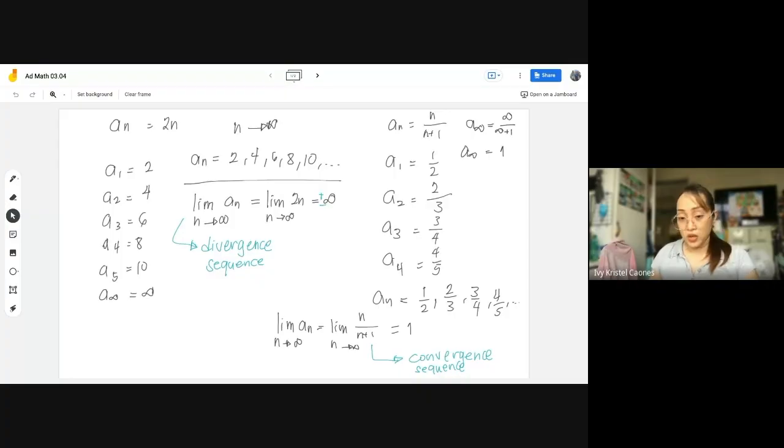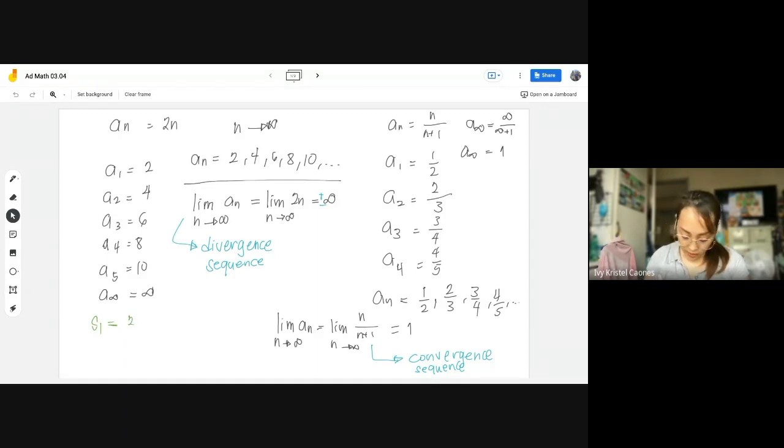So remember the difference between the sequence and series. Sequence is just a collection of numbers, while series is the summation of those numbers. In terms of series, it is noted as S. S sub 1 will be 2.